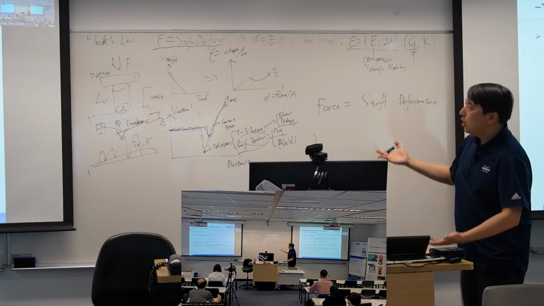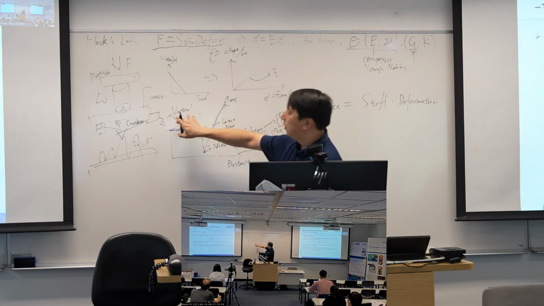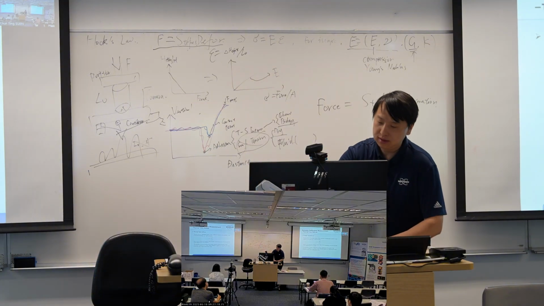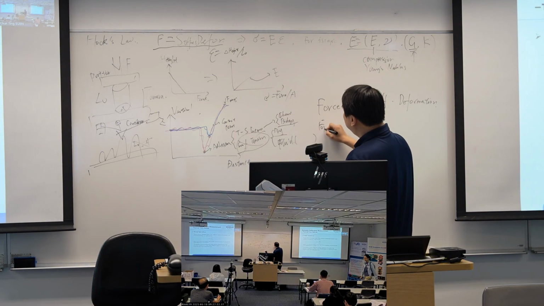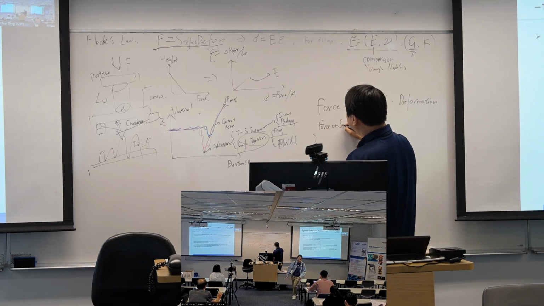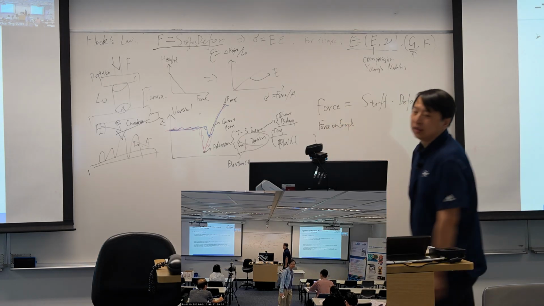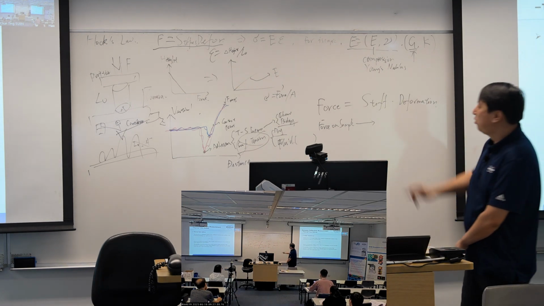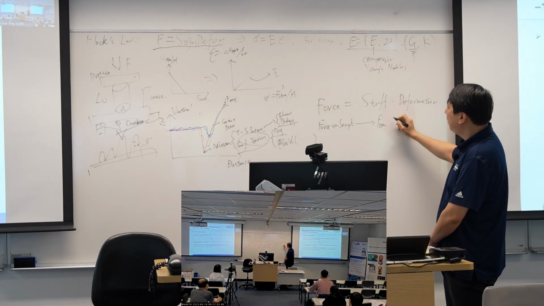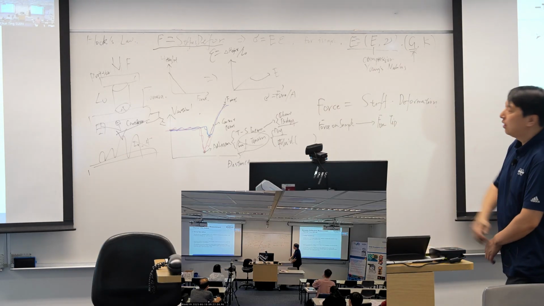And so we need some changes. We are actually monitoring the vertical against the distance. So we need to do some changes. The first is the force on sample. We use Newton's law to change it to force on tip. That's Newton's law.